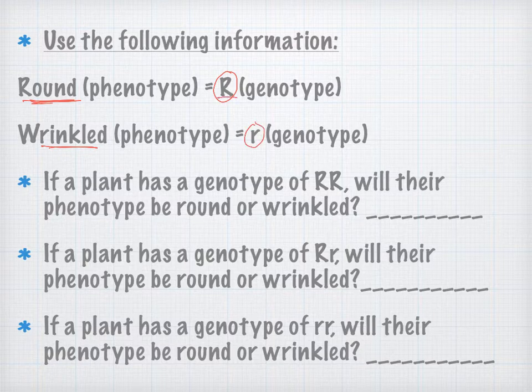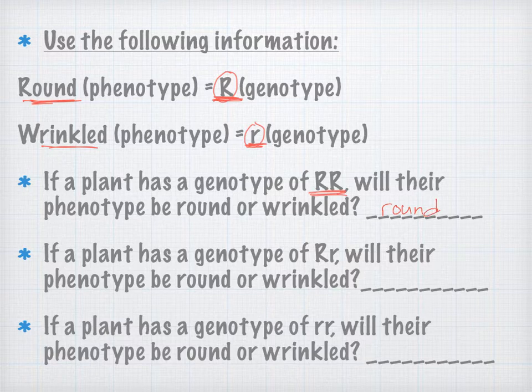Since this is a dominant trait, you use that letter. This is recessive, you use the same letter but in lowercase. So if a plant has a genotype of homozygous dominant, will their phenotype be round or wrinkled? Since it's homozygous dominant, the dominant trait is going to be expressed, and these would be round.